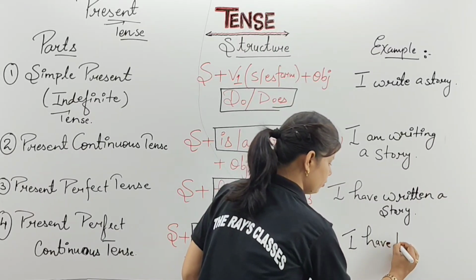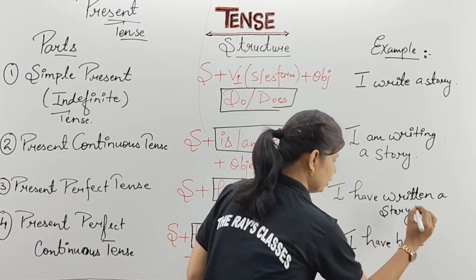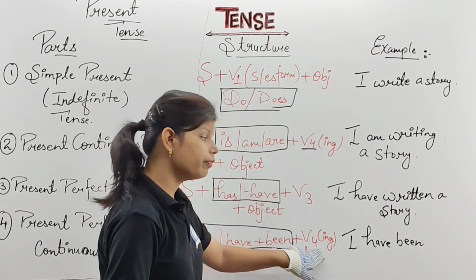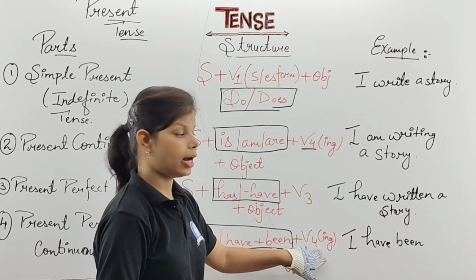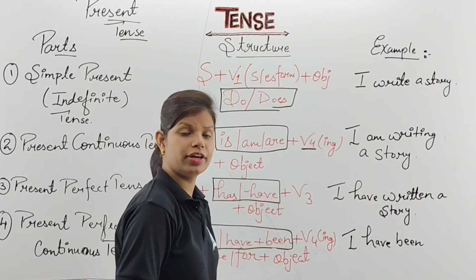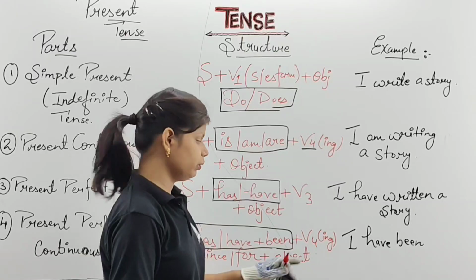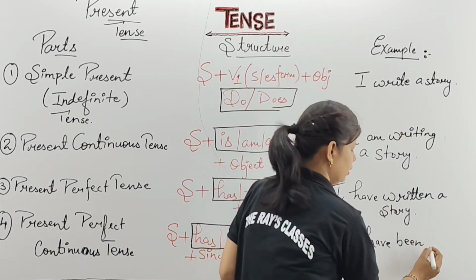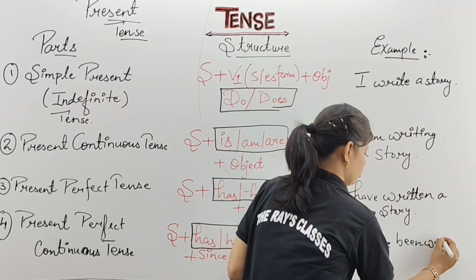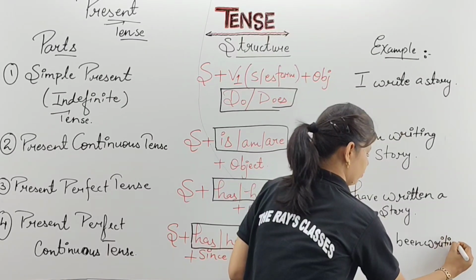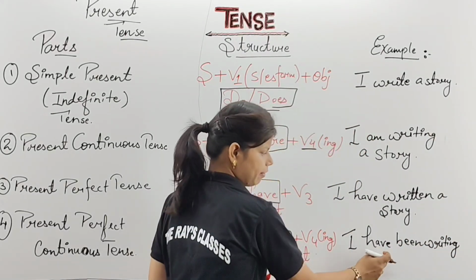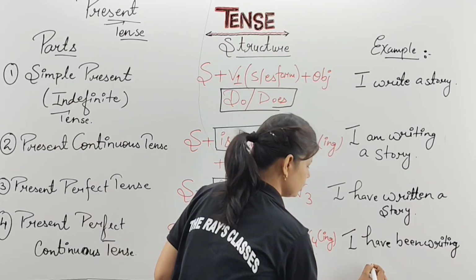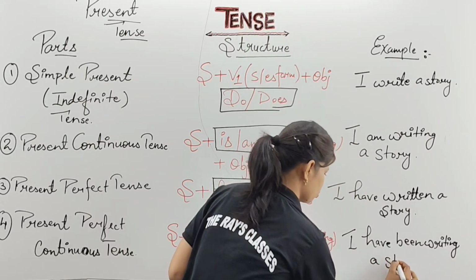I have been. Clear? Verb का fourth form. Now, what is your verb here? Write. What is the fourth form of the verb? Writing. So you will write: I have been writing. What are you writing? A story.